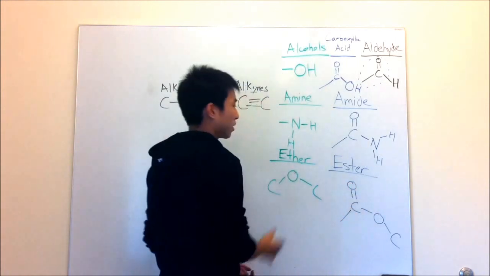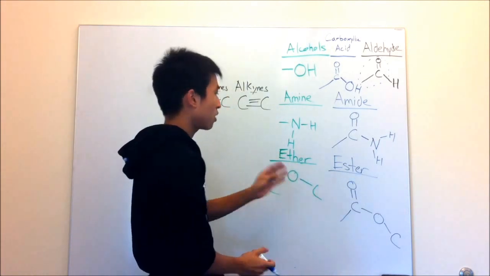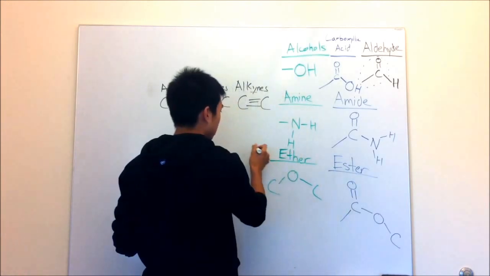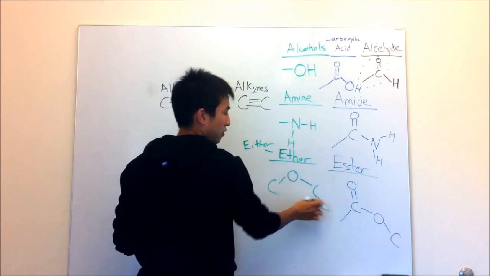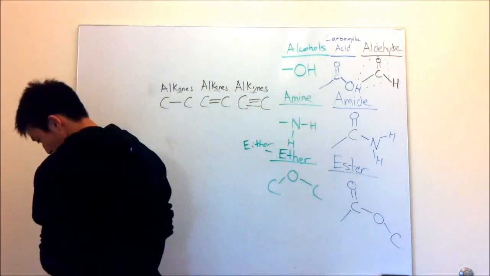There you go. So that's your ester. It's more complicated than the ether, and you can use the trick: ether, like either, on either side of the carbon. Okay, that's that.